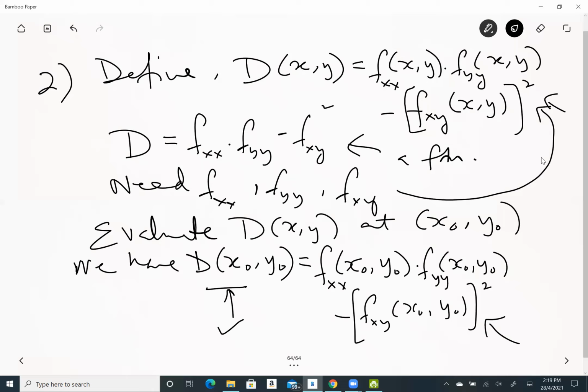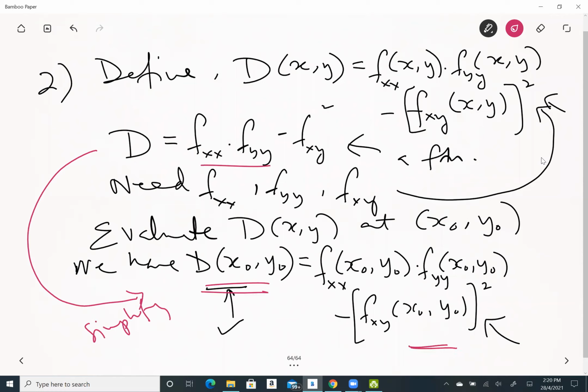So what I mean here is that when you got the terms, you put in the terms, fxx, fyy minus fxy. When you put them together, you simplify, then I just got D. If we don't simplify, then equivalently we are going to do it on what we have on the right hand side.